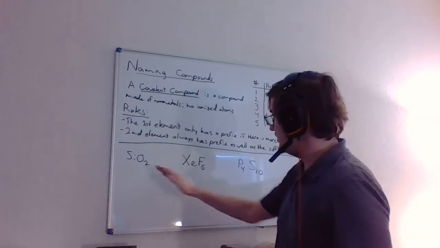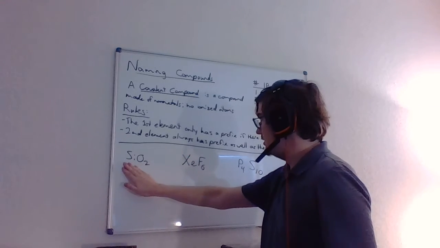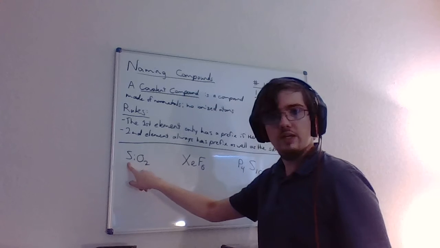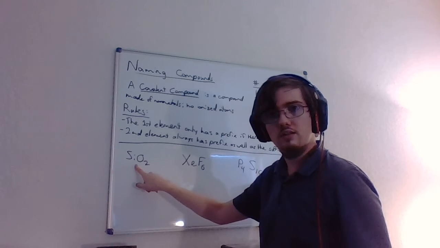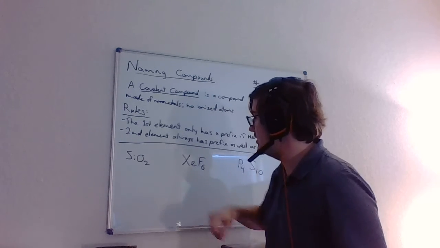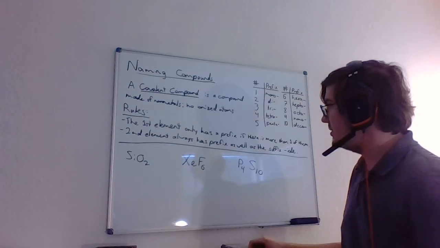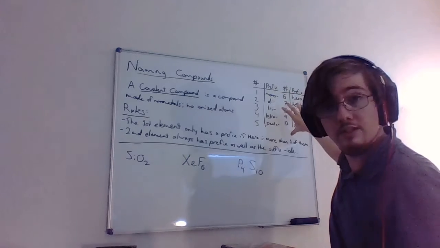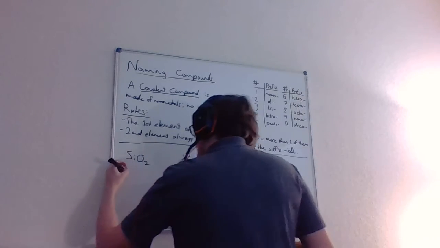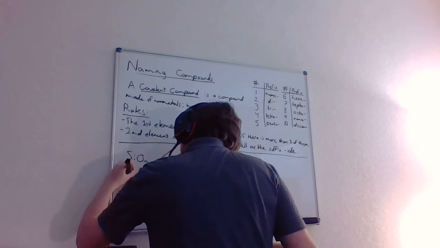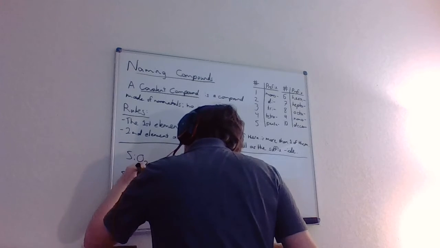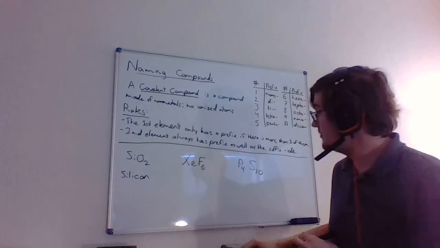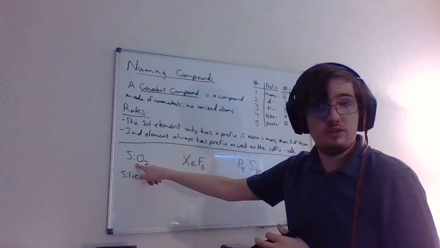Right? So let's start with the first one. So we see the silicon right here. It has no subscript. So that means there's no prefix with it. So we don't need to worry about that table. We just start with silicon. Right, so we have silicon. Now we go on to the oxygen right here.